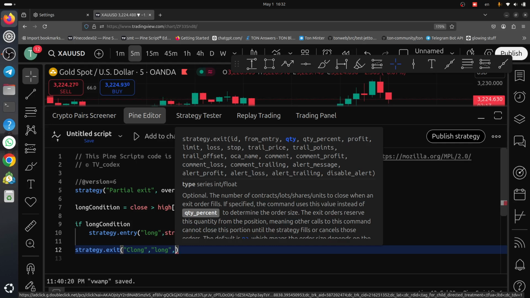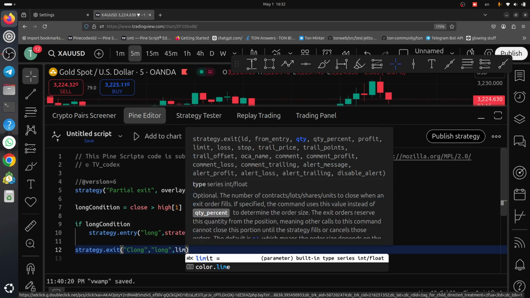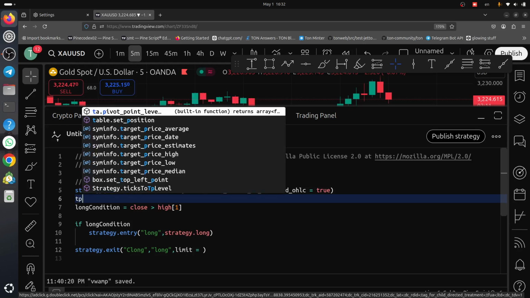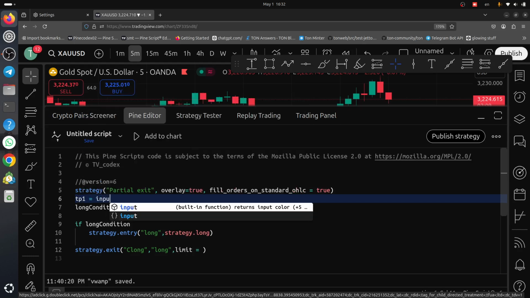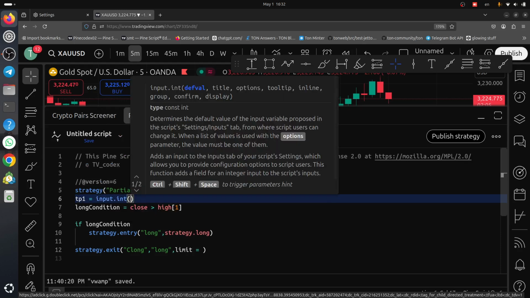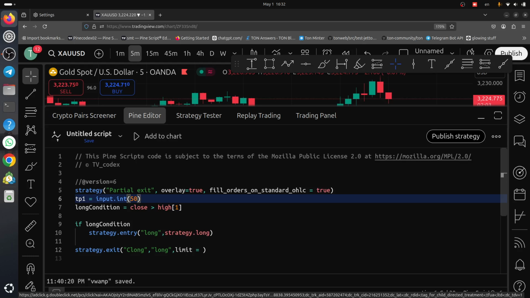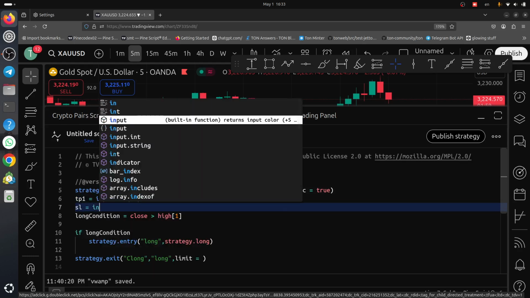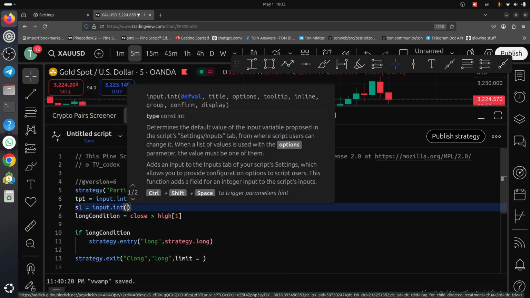Okay, limit. Here we add TP1 input.int TP1, for example 15, and SL, for example, the same, 50.